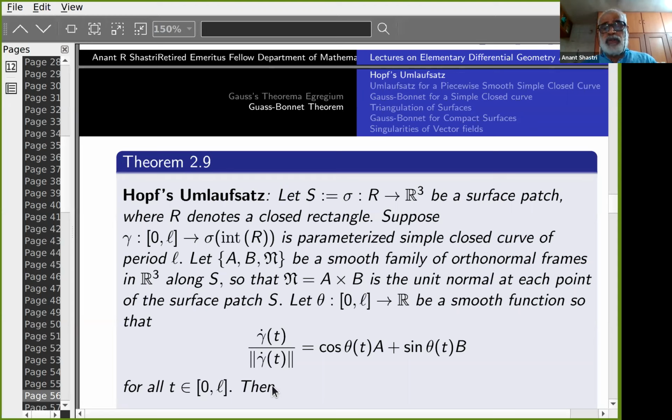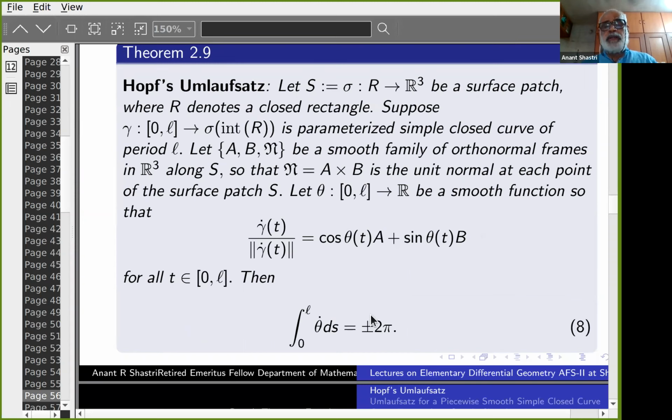So now this is a unit vector. By the previous arguments and the previous lemma, you can write it as cos theta A plus sin theta B for a smooth function theta. So theta has been chosen like this.